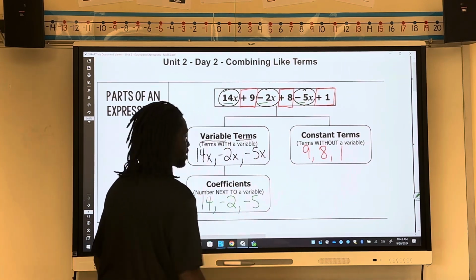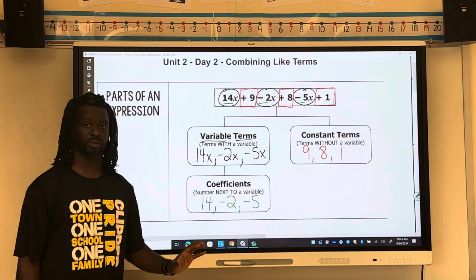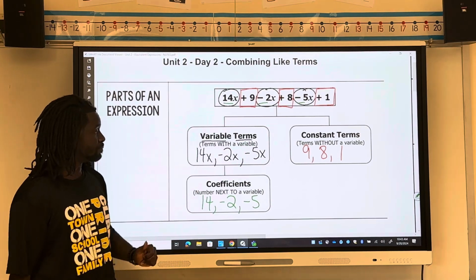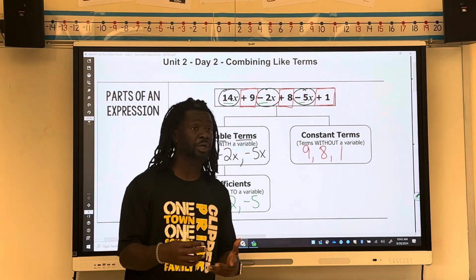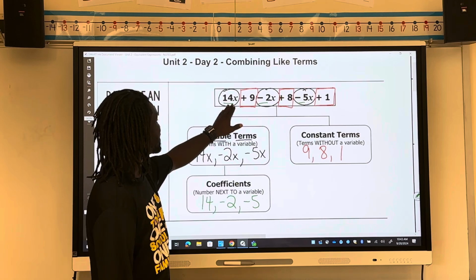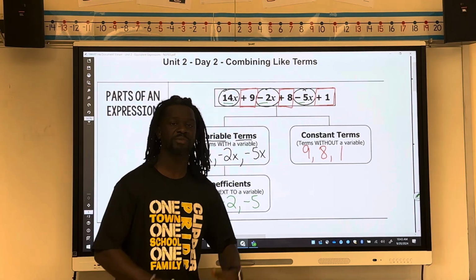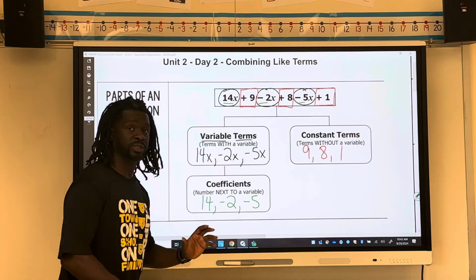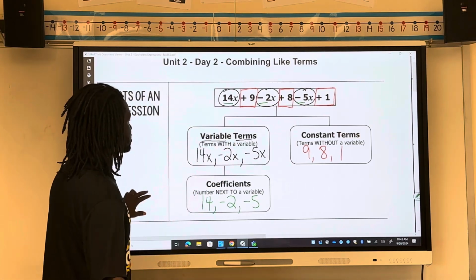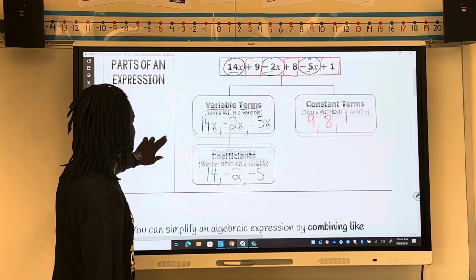When we combine like terms, we are going to be adding or subtracting our coefficients. So these are the parts of an expression, and this is some of the important terminology.